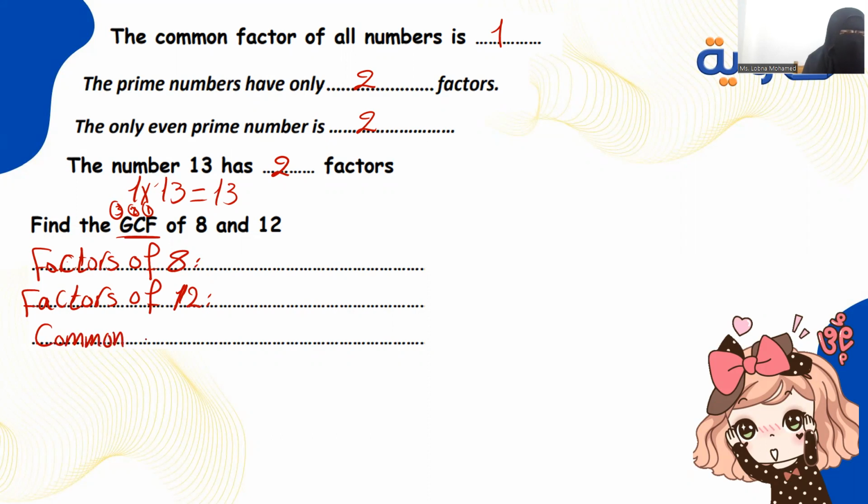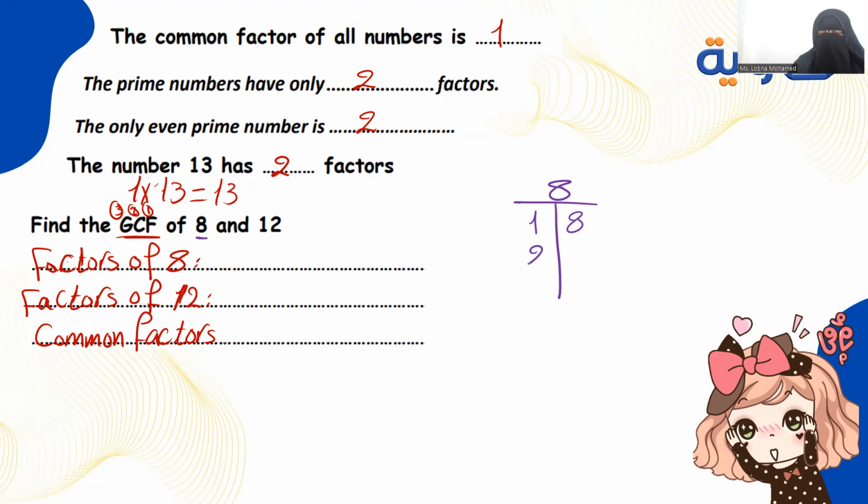Okay? Let me remind you about how to get the factors. So let me change the color. We can make a T chart for 8 and ask yourself, what times what equals 8? All the time we start with 1 and the number itself. So this is the first pair all the time. 1 times 8.